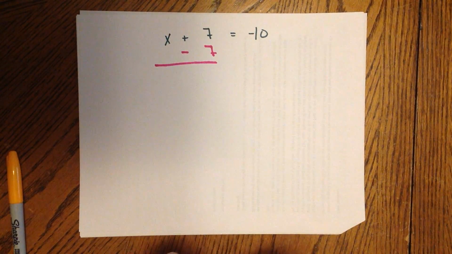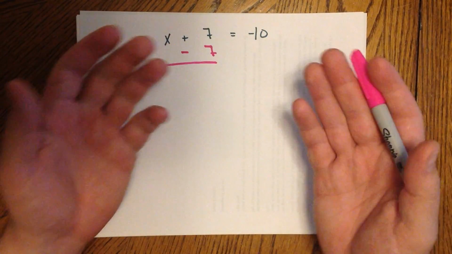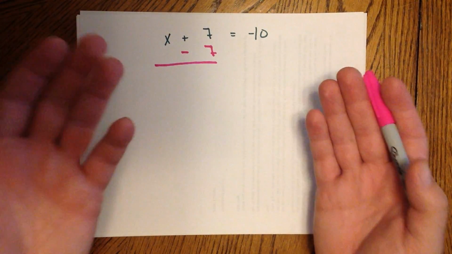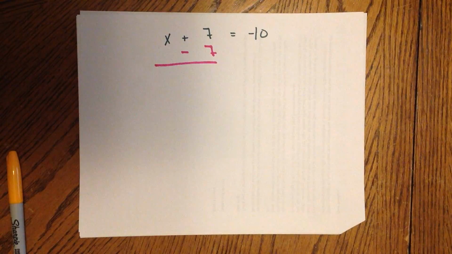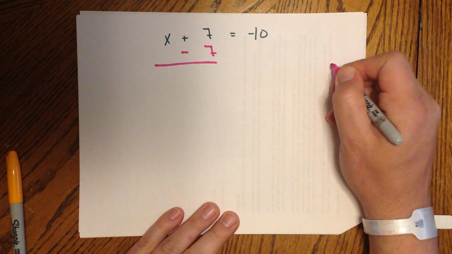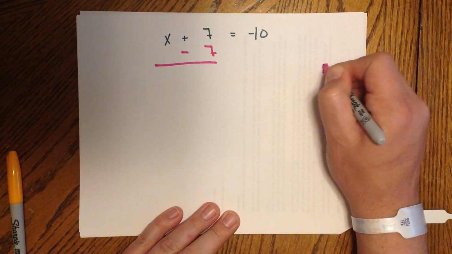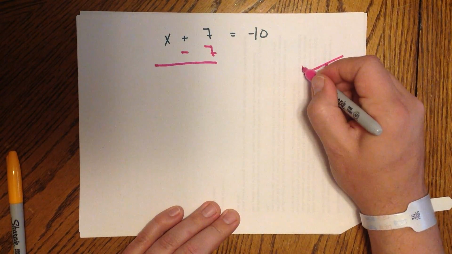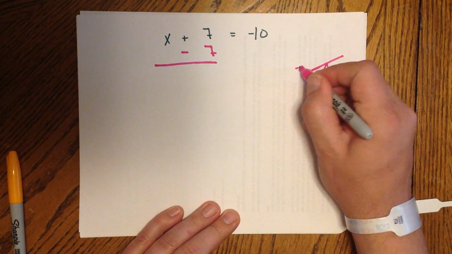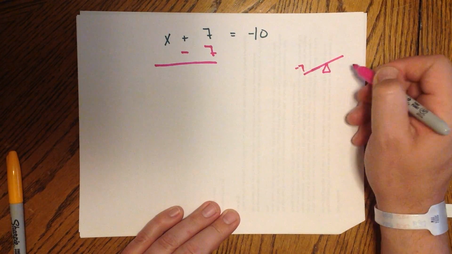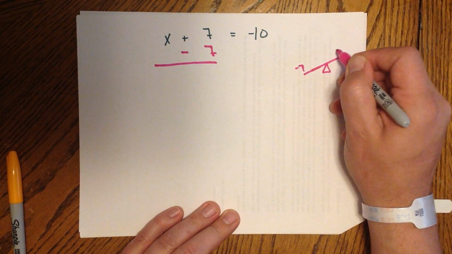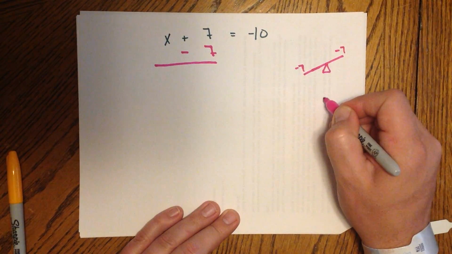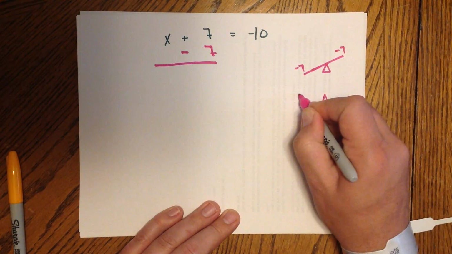But here's the thing. I want you to think about this equal sign as a balance. If I do it to one side, I've got to do it to the other side. You can think of it literally as a teeter-totter here. If I subtract 7 on this side, it's going to make this unbalanced. I've got to subtract 7 on this side to ultimately balance out my teeter-totter.